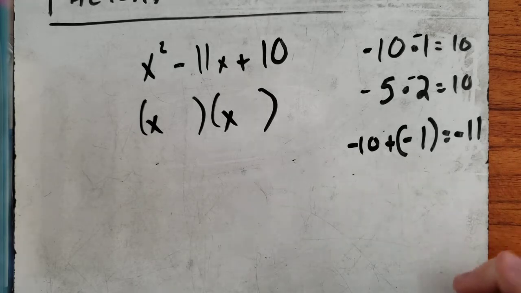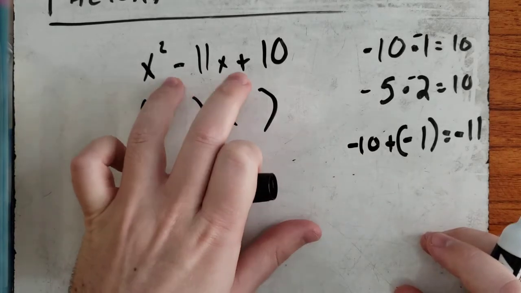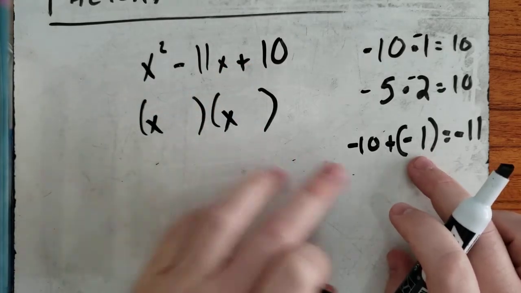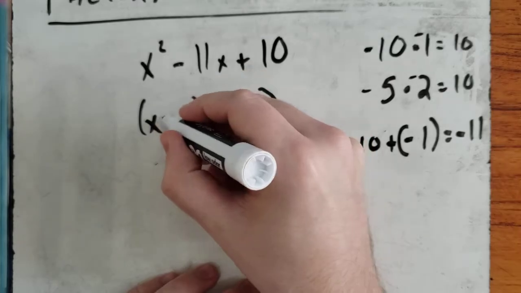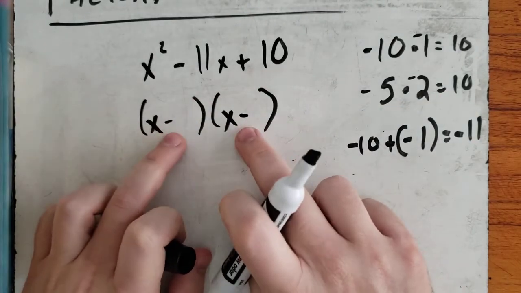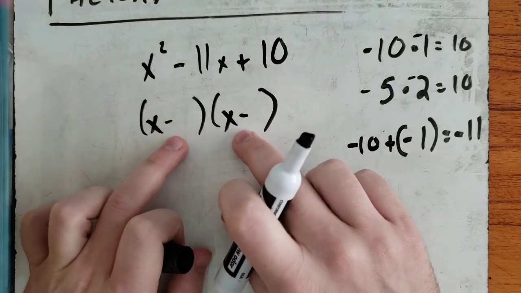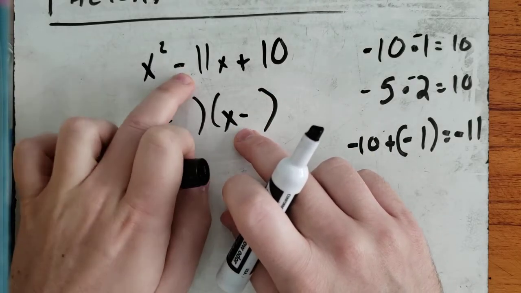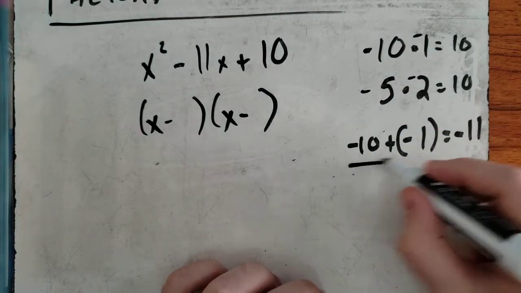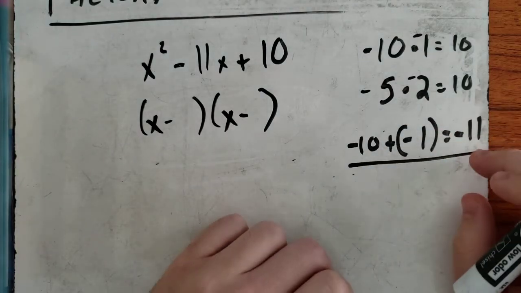So when we see a minus and a plus in this order, both numbers in our answers down here have to be negative. Because when you multiply two negatives, you get a positive, but when you combine two negatives, you still keep it a negative. So we know that's going to be our answer, because we want negative 11.